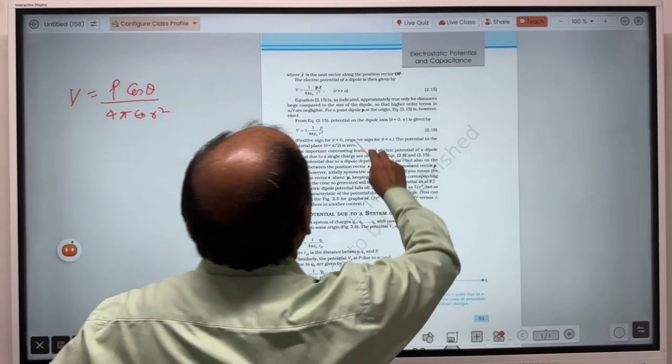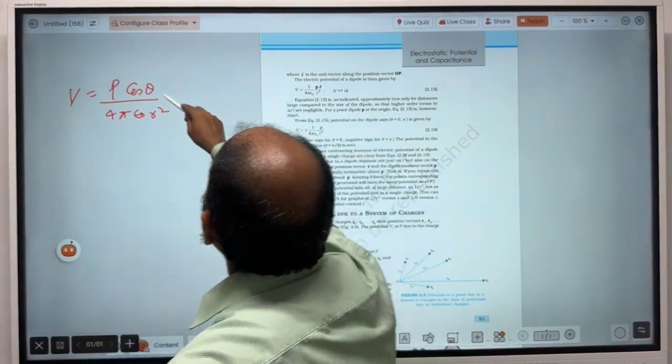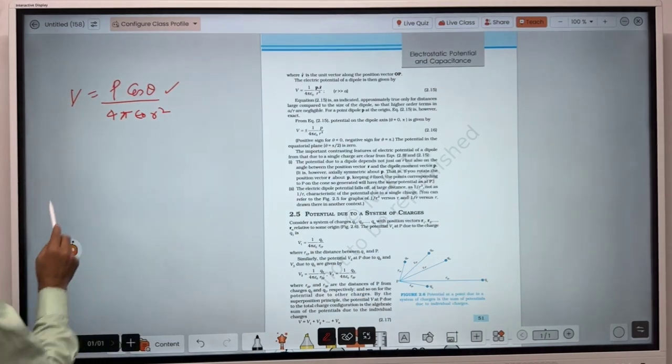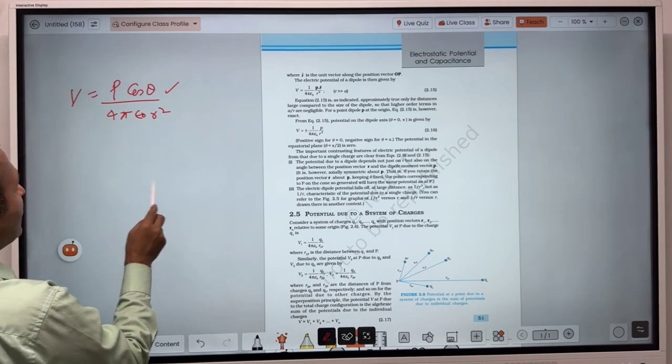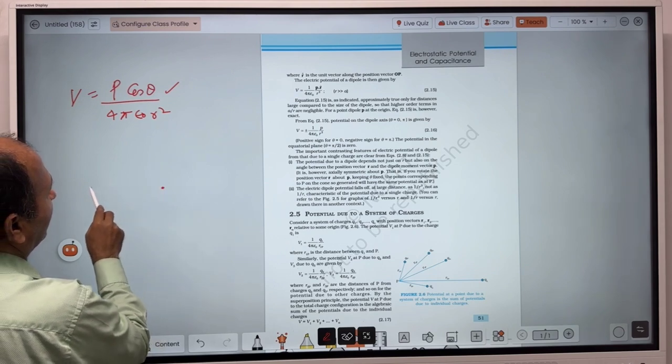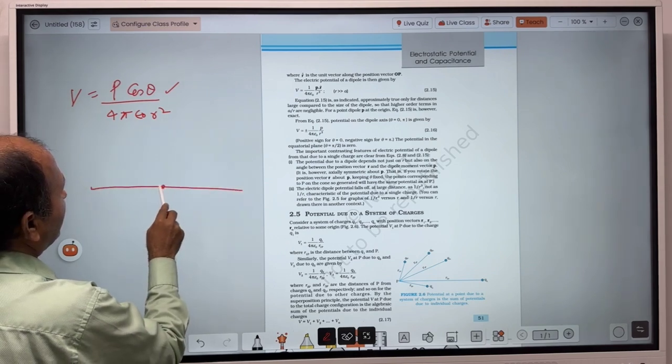Here the values are given, and we can evaluate it. We can create situations, like whether the point lies on the axis, lies at a perpendicular point, or is on the opposite side. So let's see the situation, so you will understand what the possibilities can be.